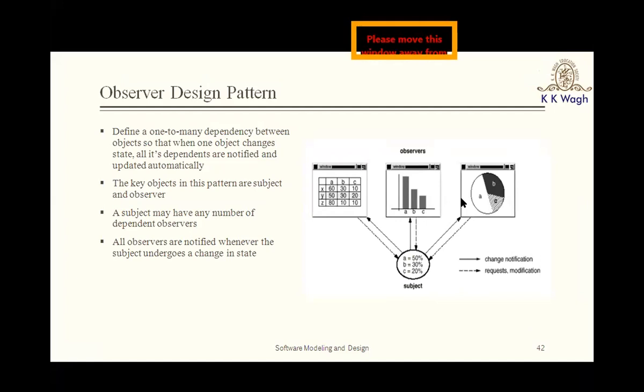And the third one is when an object should be able to notify other objects without making assumptions about who these objects are. In other words, you don't want these objects tightly coupled. So these are some scenarios where you can use the observer design pattern.